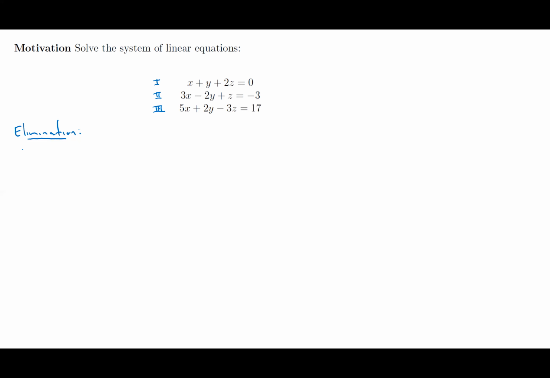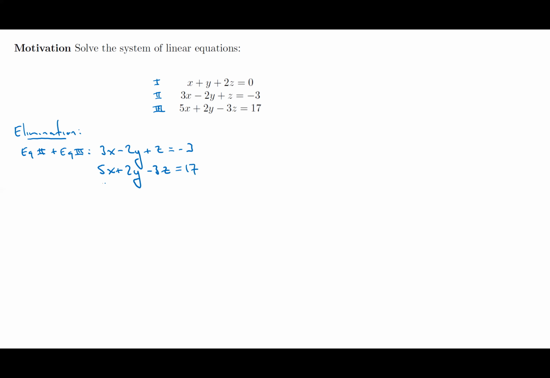So I'm going to take equation 2 plus equation 3. So what does that look like? Well, it's 3x minus 2y plus z equals -3. And then 5x plus 2y minus 3z equals 17.